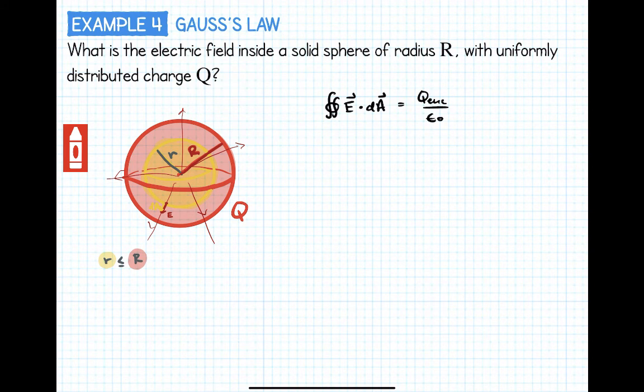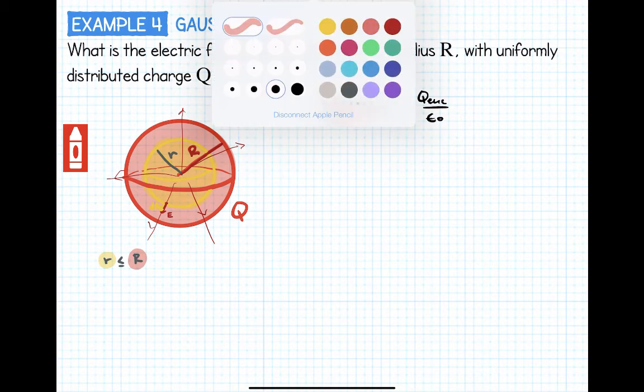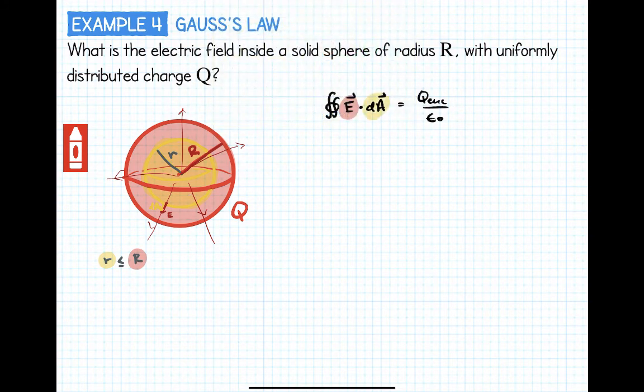You can see that the electric field that we're trying to find is going to be this dark red, and you can see that the Gaussian sphere is represented by this. So we know that the dot product goes away because of the parallelness of these two vectors. We know the electric field is constant, so we can pull it out, and that gives us dA.